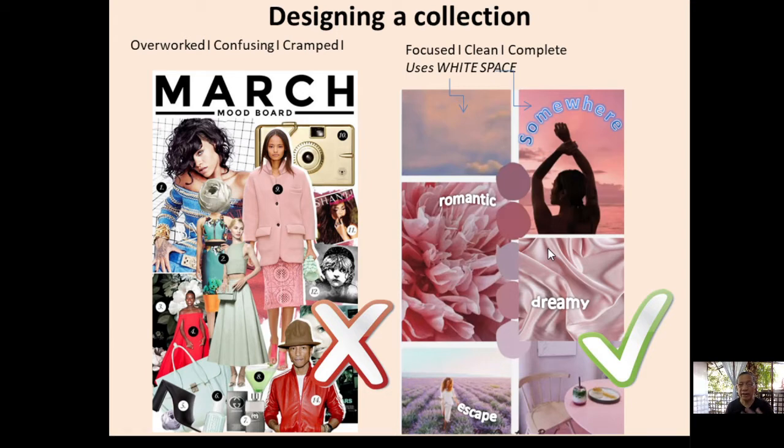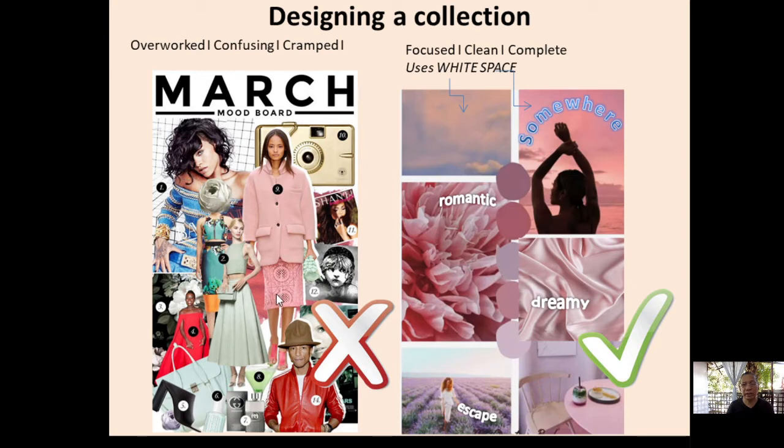So here, immediately you know that you're to create something that's romantic, that's dreamy, that's more on an escape, going to the farm, going to the sea, maybe in silk, in a very, very soft palette, and very, very relaxing. On the other hand, here is a conflicting idea of this muse, of this woman here, and this one, and this one, and this one.